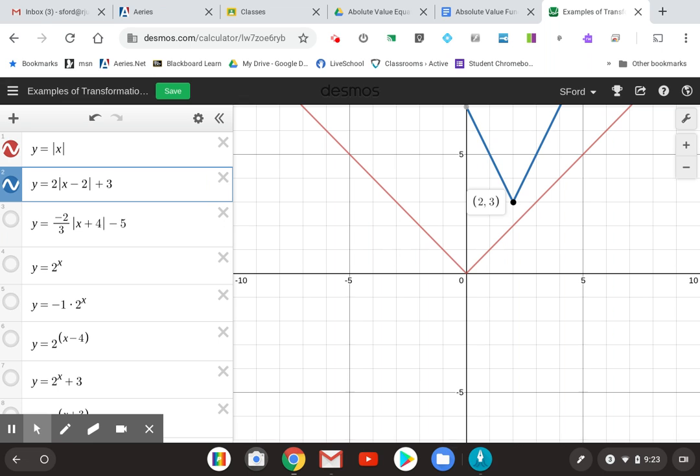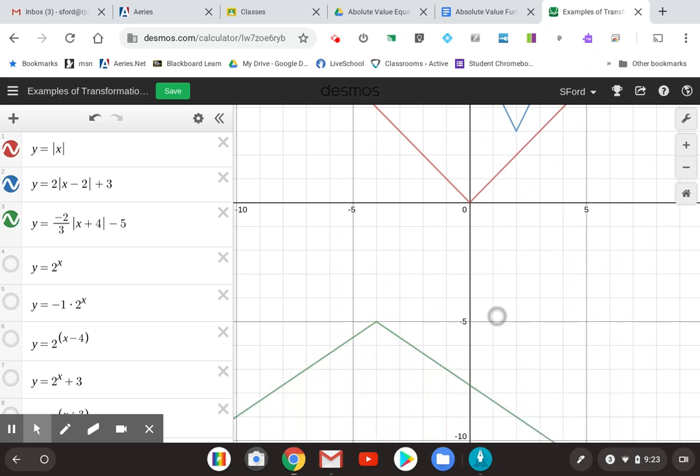Now the next one, negative 2/3. The negative is going to tell you it's going to go down. 2/3 is less than 1, so it is going to be very wide. The plus 4 is going to go to the left 4 and down 5. So here we have it. It did go down, much wider.